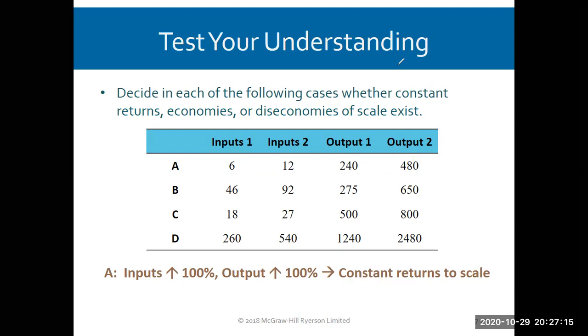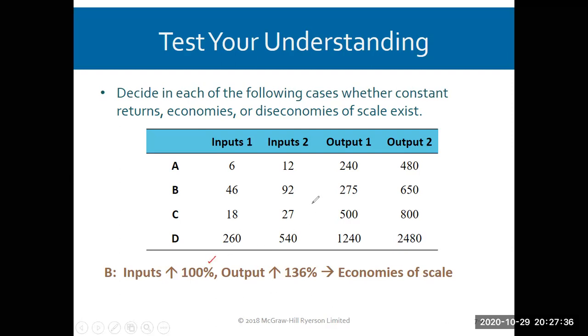So what does the next one look like? Well, in B, I'll get it right. Inputs went up 100%. So that's basically going 92 minus 46 divided by 46 times 100.